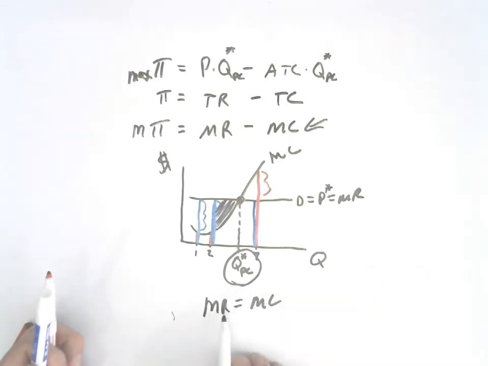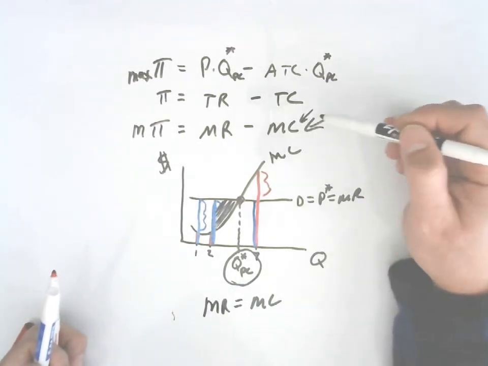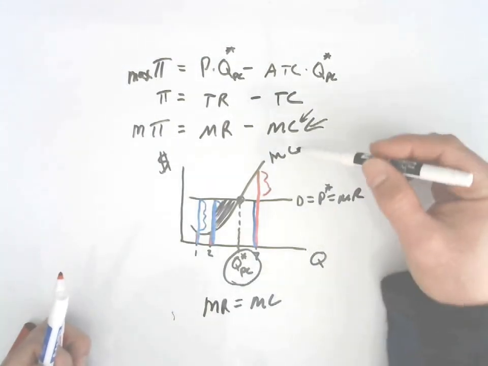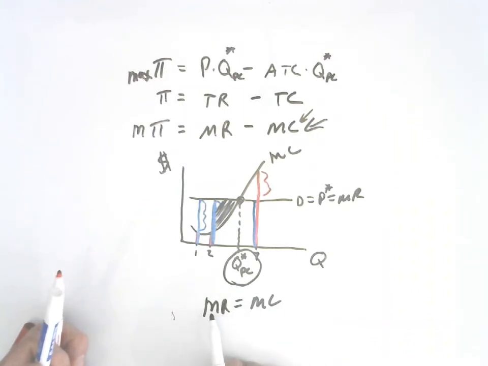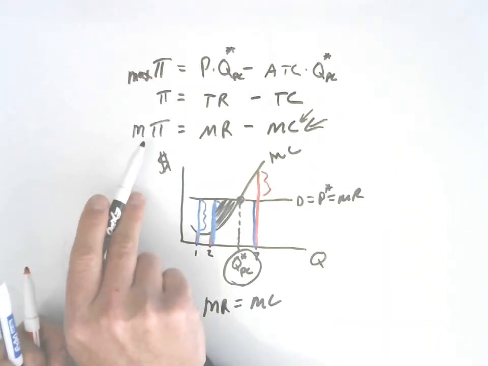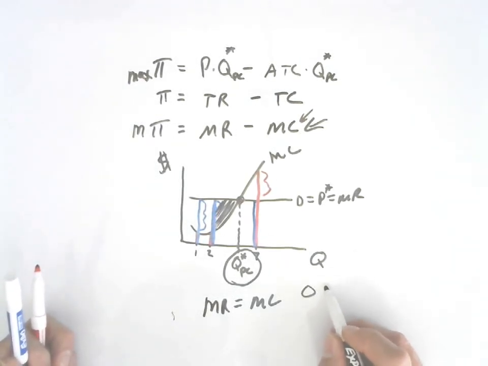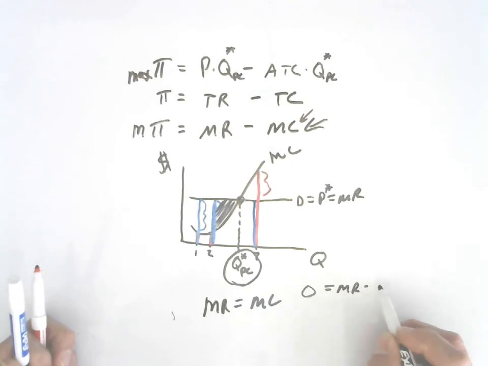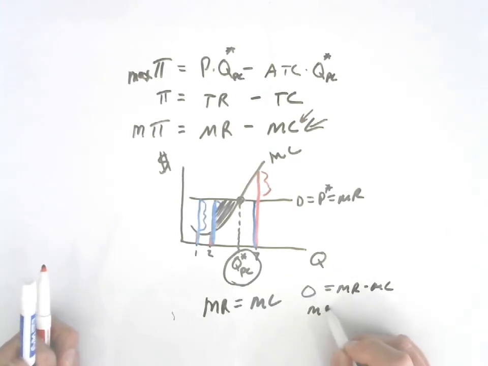Now, how do I know that's the case mathematically? Let's plug it back into here. If marginal revenue equals marginal cost, then what must be true about marginal profit? It must be equal to 0. So if you've got 0 equals marginal revenue minus marginal cost, rearranging those terms, you get marginal cost equals marginal revenue.